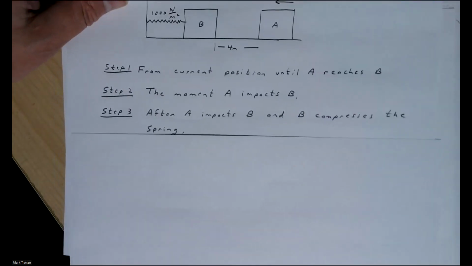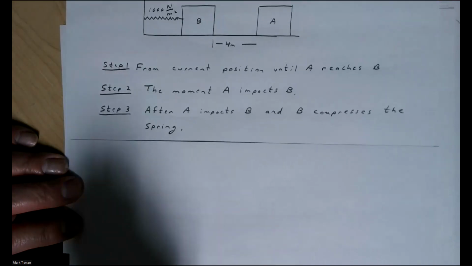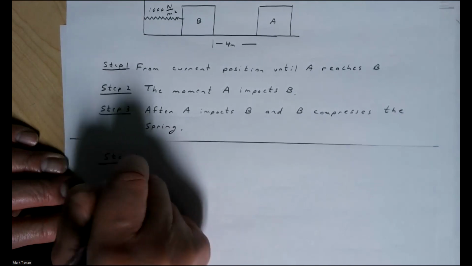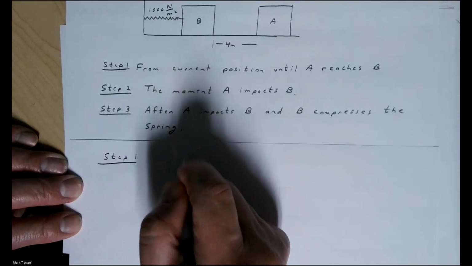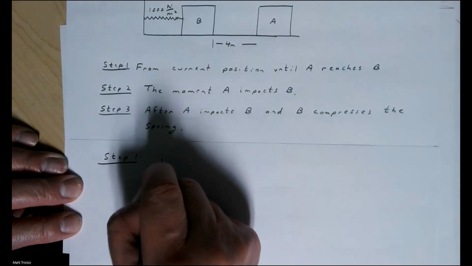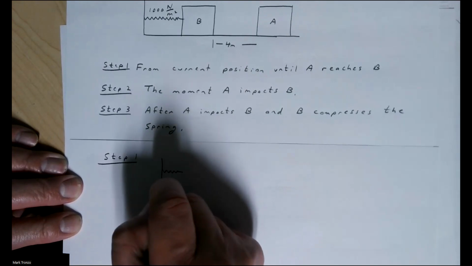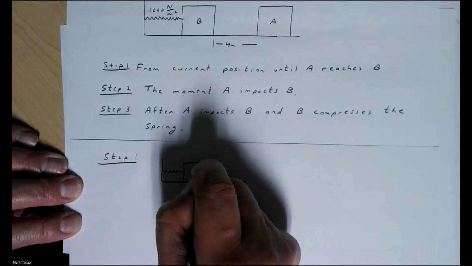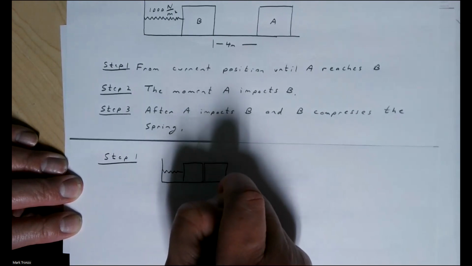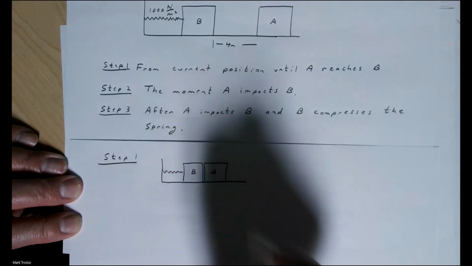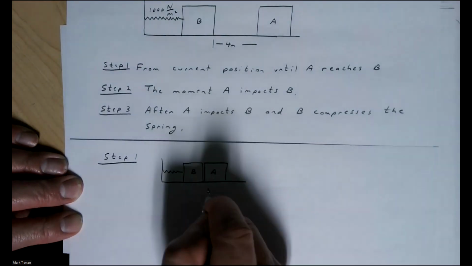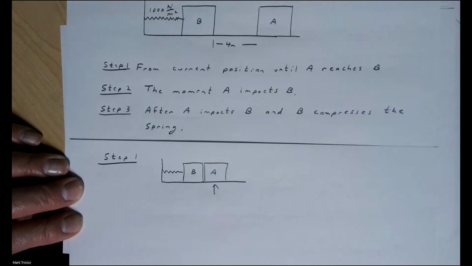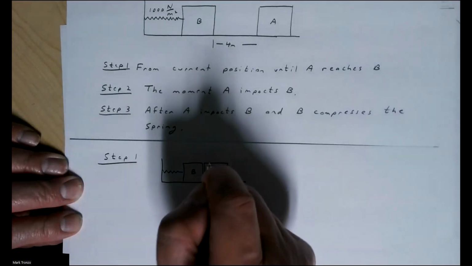So again, let's take a look at step 1. So A comes along here, and it just gets up to B. And now during that time, of course, we're told that A is 15 kilograms.